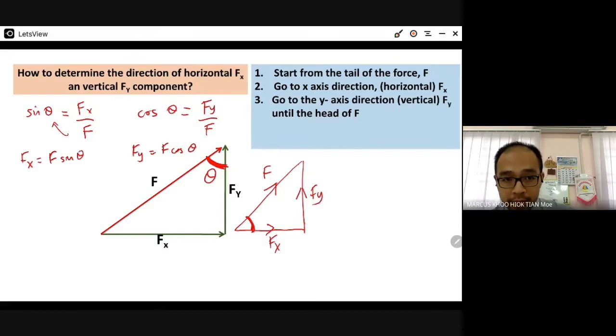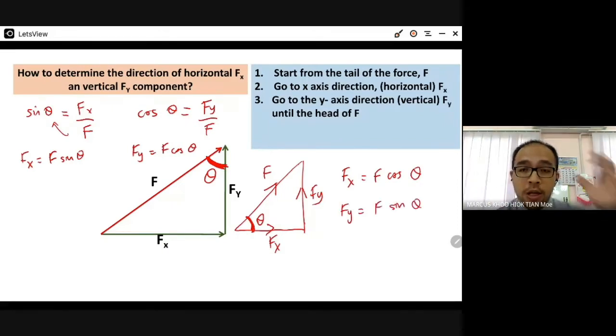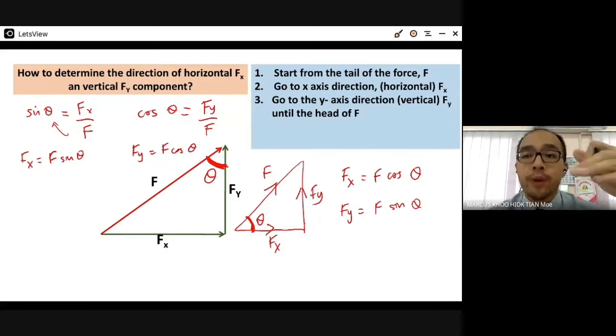If the angle is here, notice that my Fx is F cos theta and my Fy is F sin theta. This is just the example from before. So where the angle is actually very important.